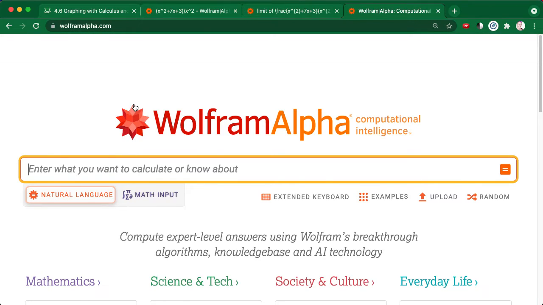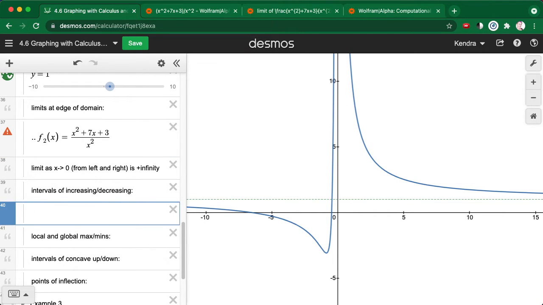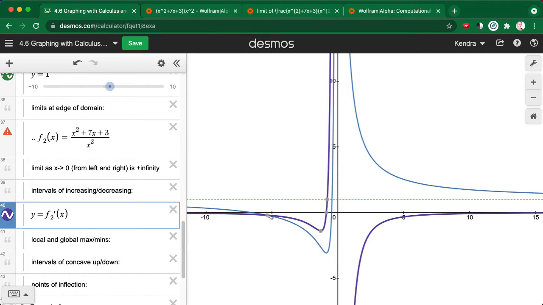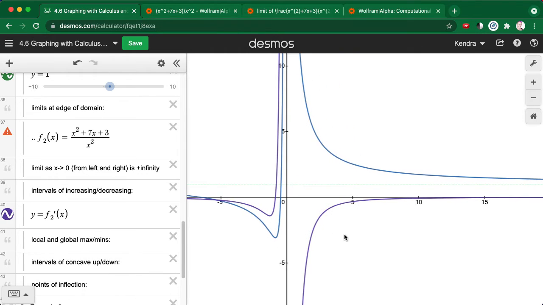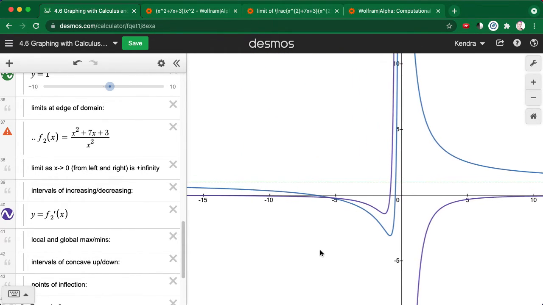And before I do that, I'm going to just ask Desmos what my f2 prime of x looks like. So this gives me the graph of the derivative. And Desmos is really great for just no muss, no fuss. It just gives me the graph of the derivative.